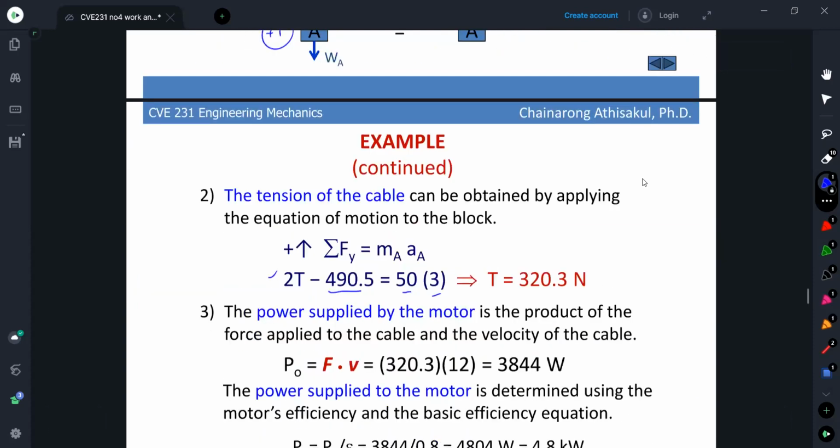After we solve this equation, we get the tension in the cable.